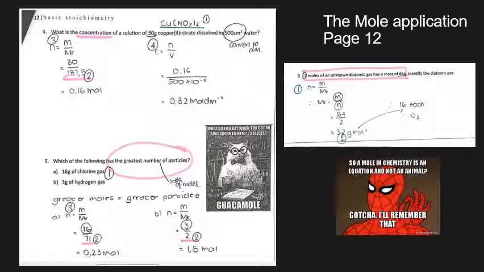What is the concentration of a solution of 30 grams of copper nitrate dissolved in 500 centimeter cubed of water? So now there's a lot of things going on here, grade 10. The first thing I want you to do is write out your formula. Make sure you write that formula out properly.